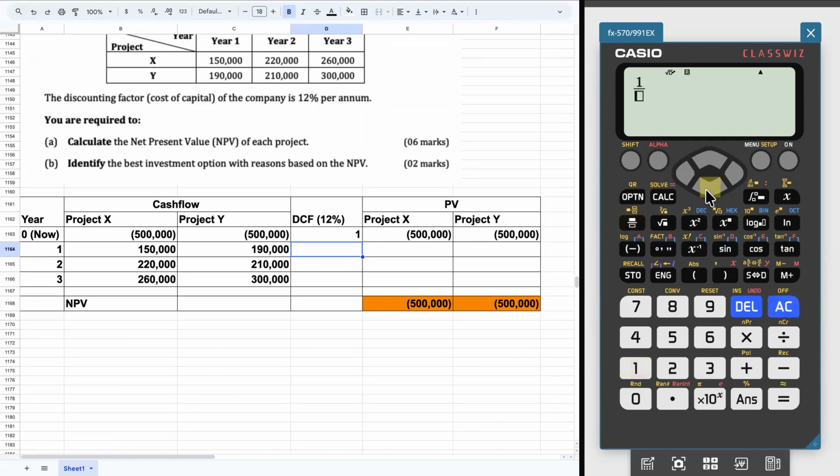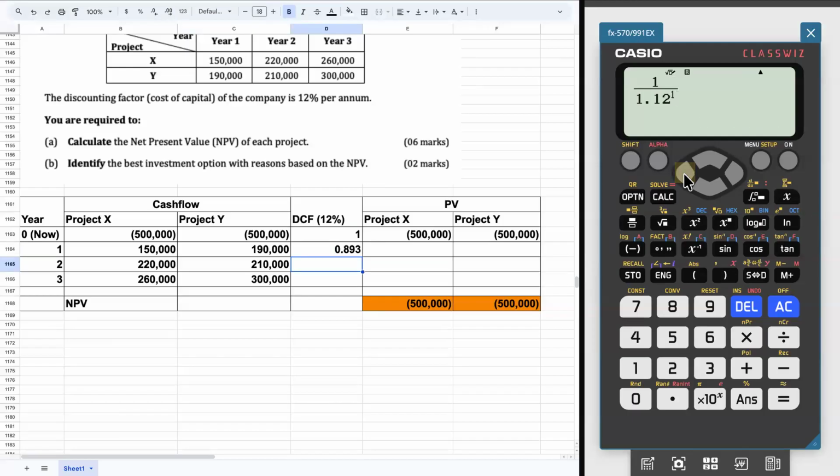1 divided by (1 plus R), 1.12. The power is going to be 1 for the first year. So it will give you 0.8928, so 0.893, we can round it off.